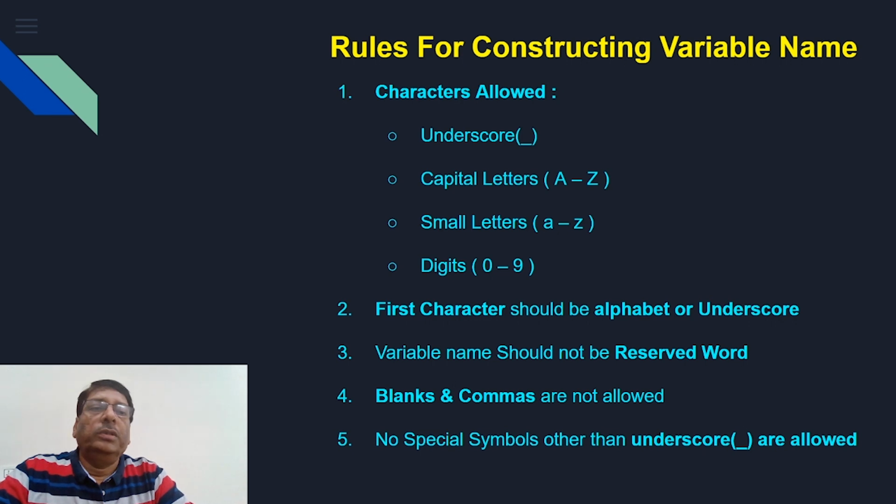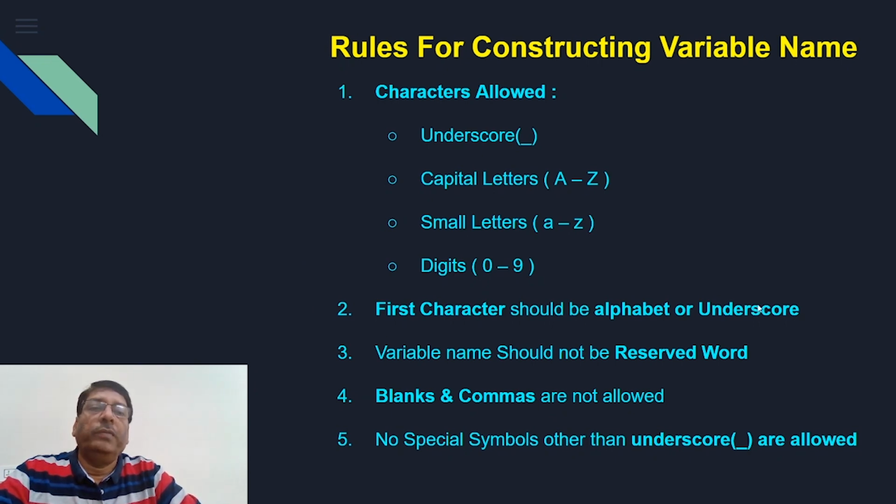So the rules are: characters are allowed, underscore is allowed, capital letters A to Z are allowed, small letters a to z are allowed, and digits between 0 to 9 are allowed. And then the second rule is the first character should be an alphabet or underscore.